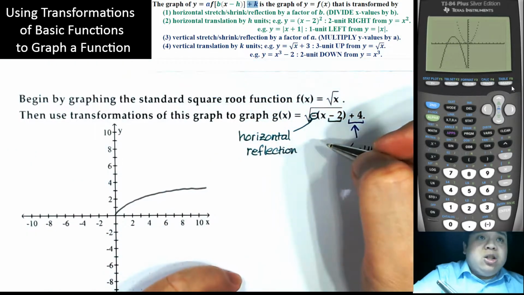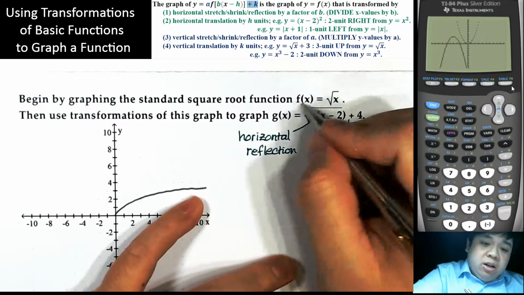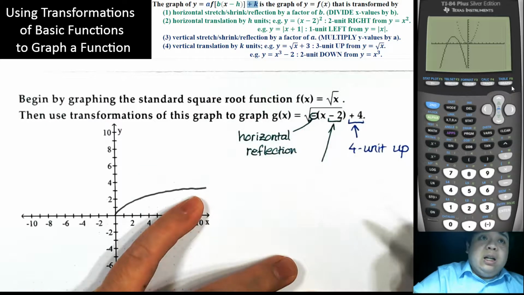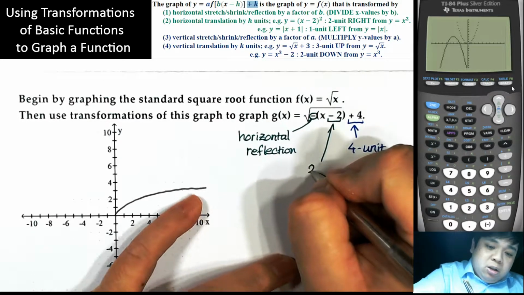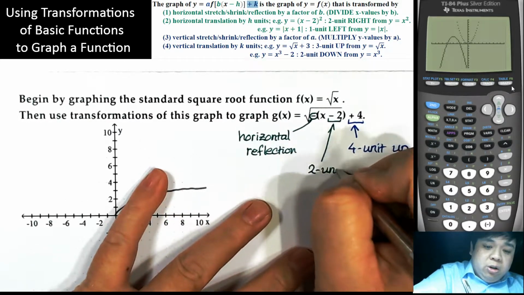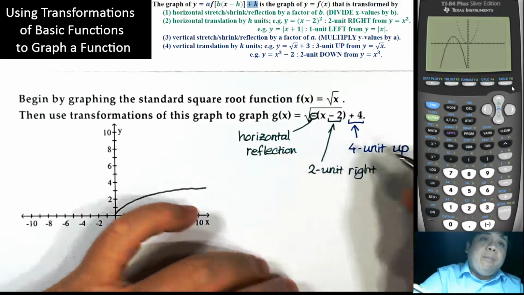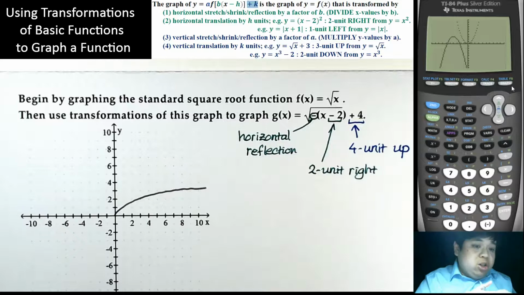And then the minus 2 here is also inside the square root, so it will affect the graph horizontally, in particular minus, so it will go 2 units to the right. So that's all the information we have.